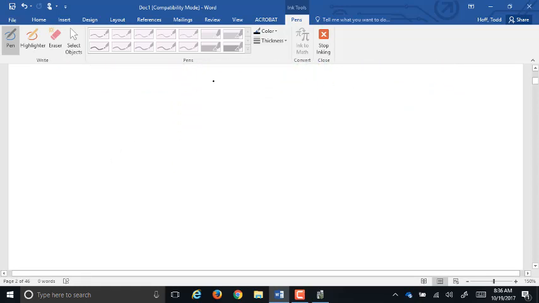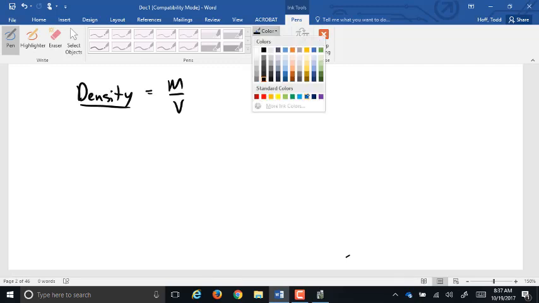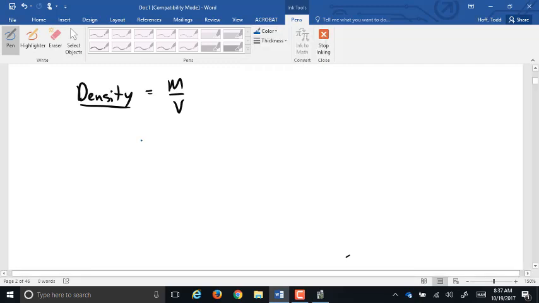Well, let's say we were dealing with something a little bit more dense. We talked a little bit about density. Density was mass divided by volume. If you have something that is 80 grams and it fits into a volume of, maybe it's a little more realistic, 16 centimeters cubed, that divides out to be 5 grams per centimeter cubed.